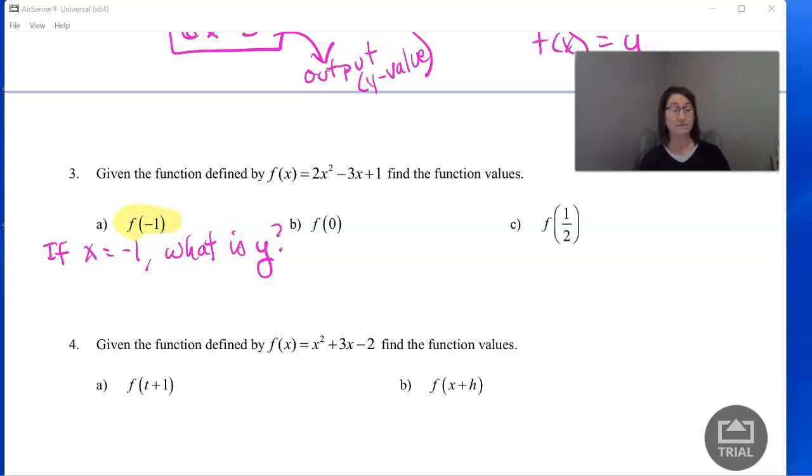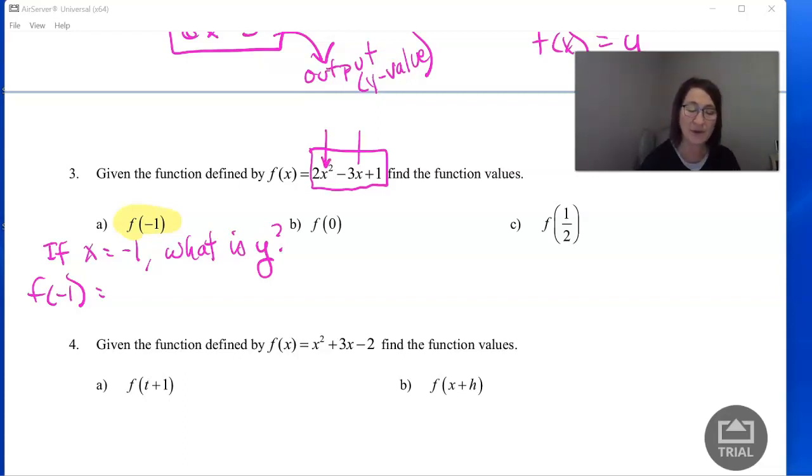That's the question. So f of -1, we're going to go to our function and we are going to input a -1 everywhere where we see that x. So this is going to be 2 times -1 squared minus 3 times -1 plus 1.